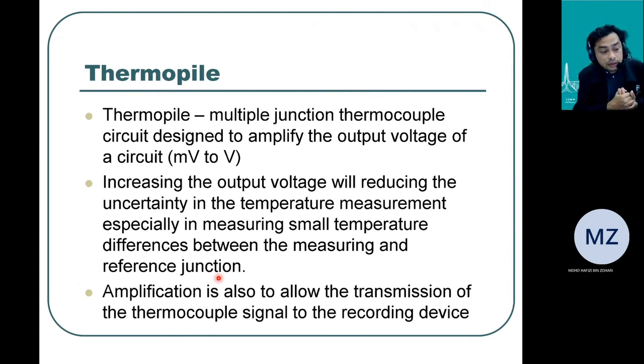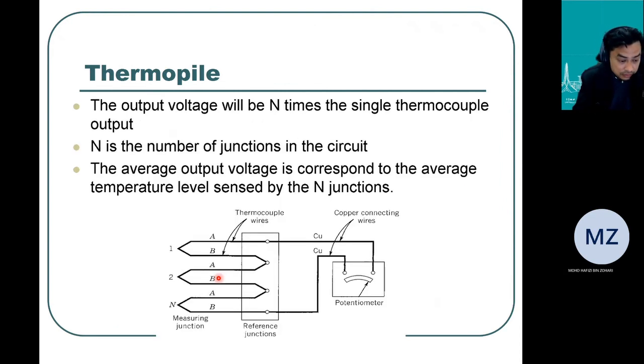Now we look at the thermopile. A thermopile is just a pile of thermocouples, a combination of more thermocouples, arranged in a special way so that it can amplify the EMF. How is it arranged? Something like this.